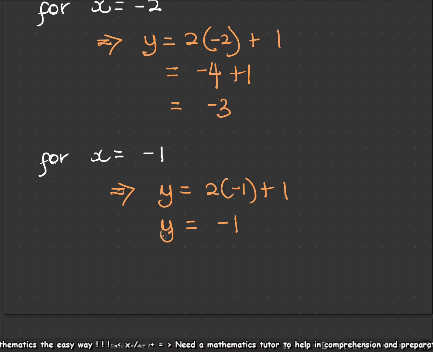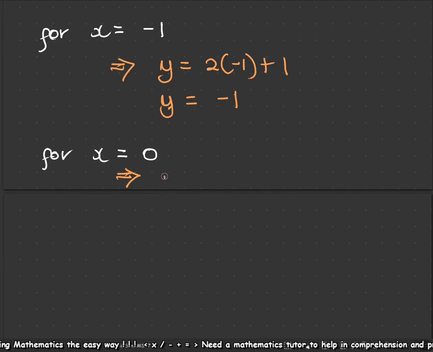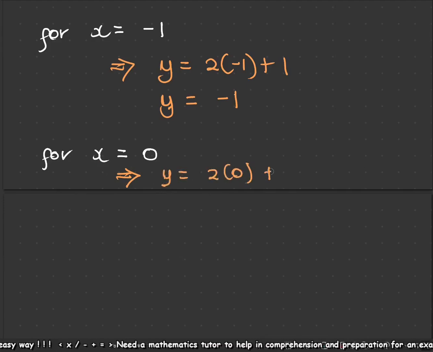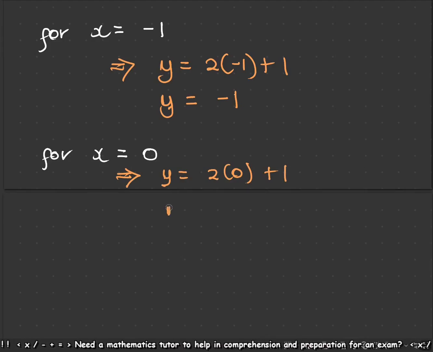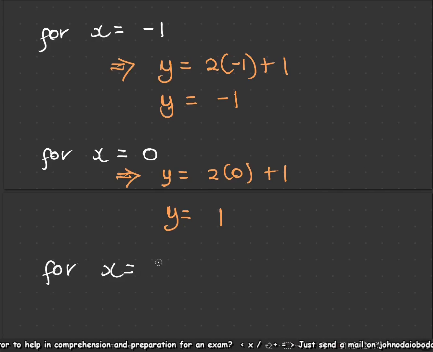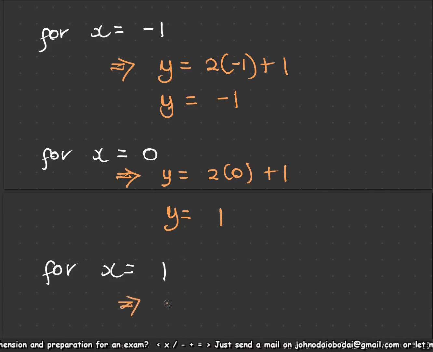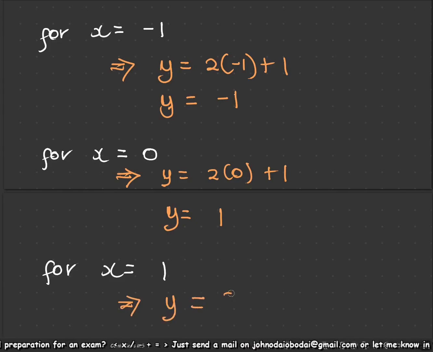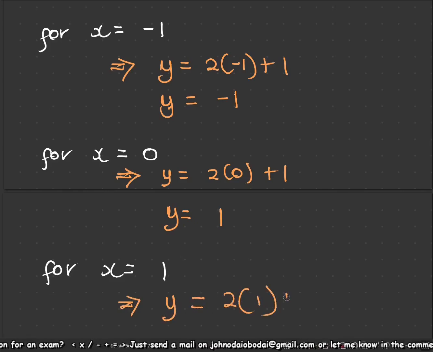You come and say for x equals 0, you are going to get y equal to 2 into bracket 0 plus 1. Evaluating, we have y being equal to 1. Then you come to the next x coordinate. So for x is equal to 1, y is equal to 2 into bracket 1 plus 1.